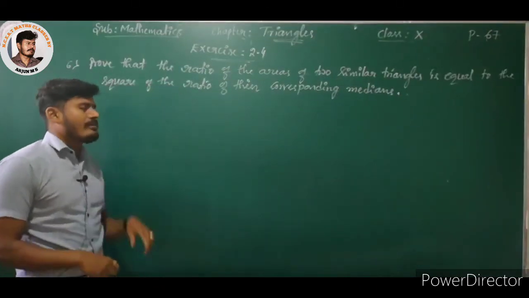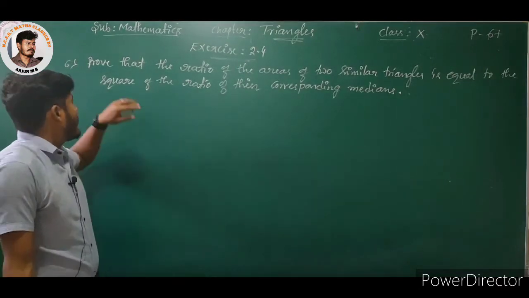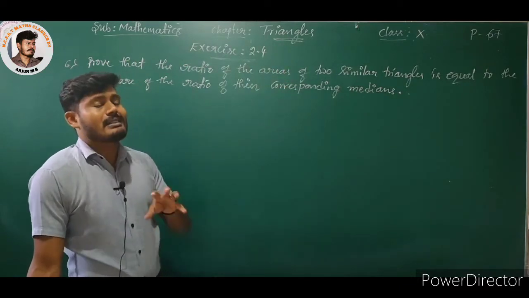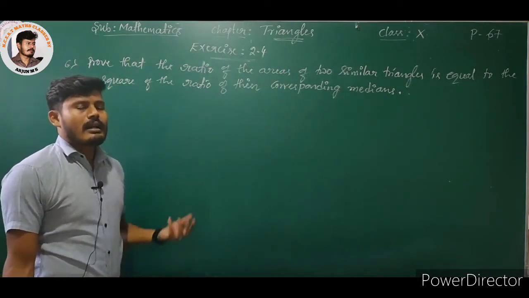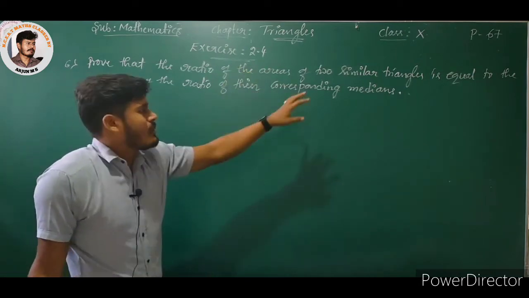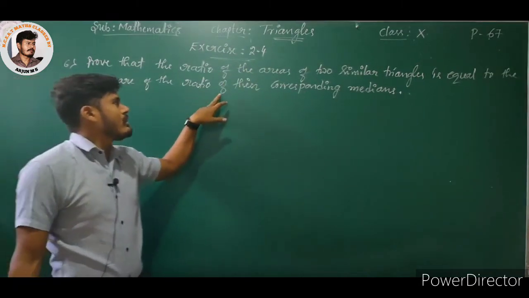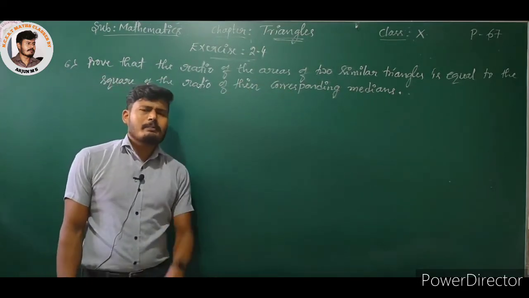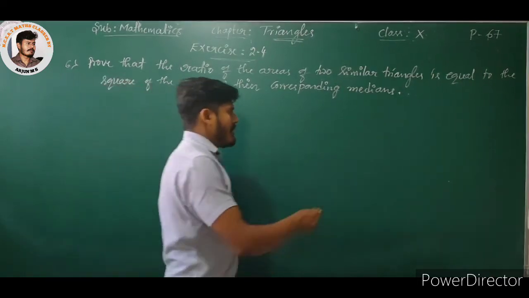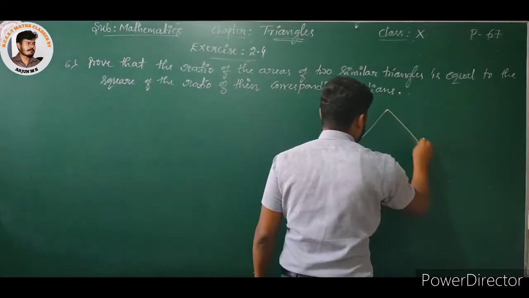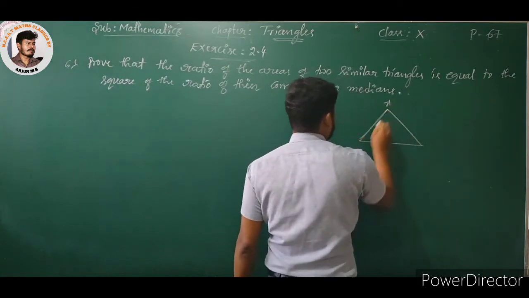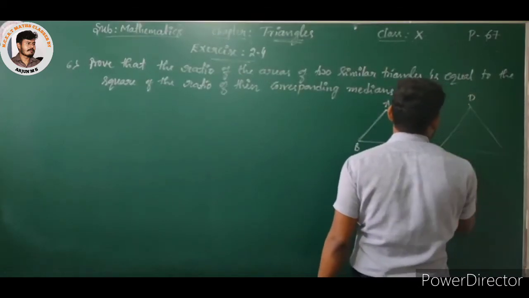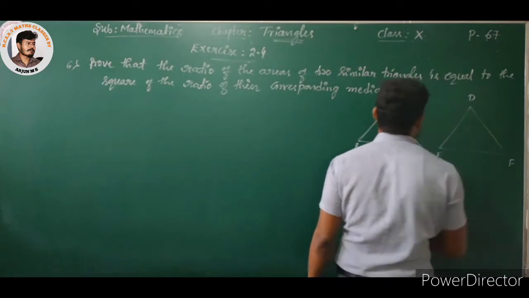Here this is the sixth question from that exercise. Prove that the ratio of the areas of two similar triangles, they are already given as similar, is equal to the square of the ratio of their corresponding medians. We have two triangles, ABC and DEF.